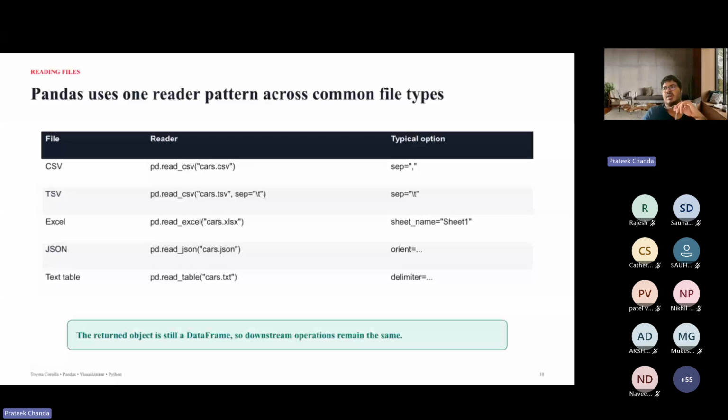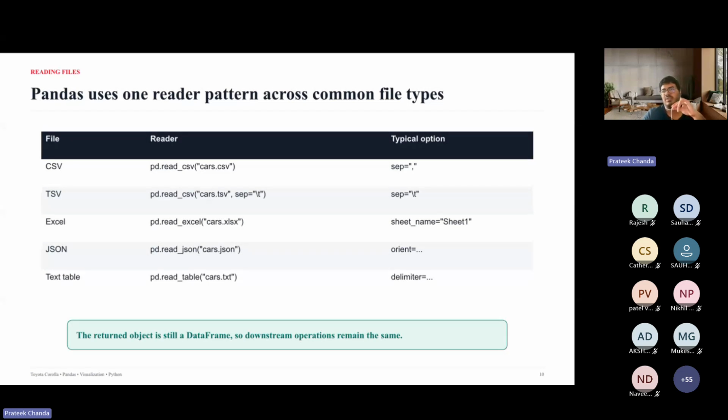These are different file patterns that you can read from. For CSV or TSV files, you can use pd.read_csv. For Excel files, you can use read_excel. JSON files you can read using read_json, and you can also read a text table file using read_table.